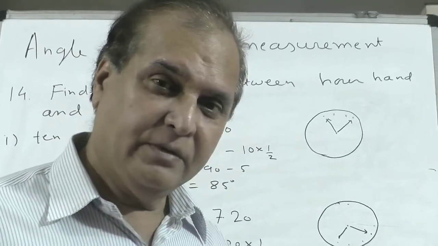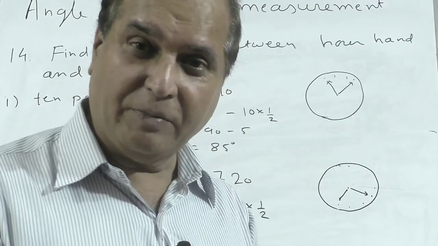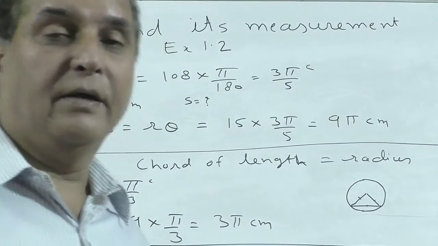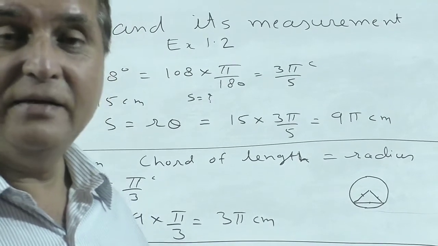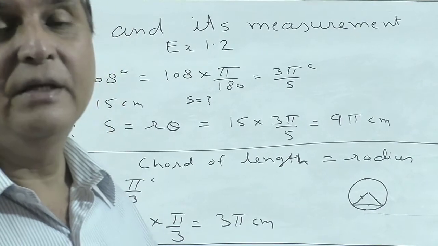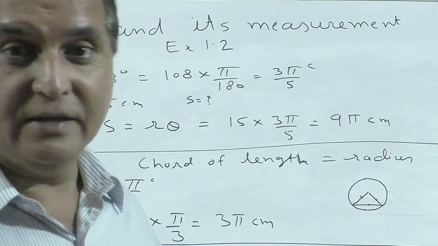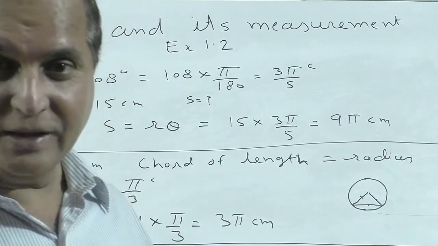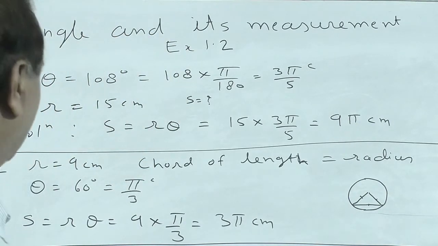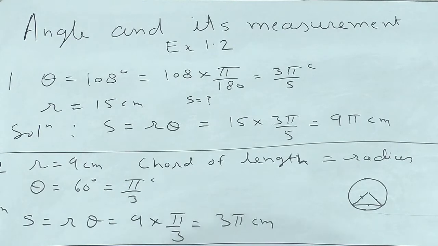Okay. First, see properly the first exercise, 1.1. The formula I have already explained: S, the length of arc, equal to R into theta. Here theta must be in radian. This is the standard formula. See, first sum: find the length of arc of a circle which subtends an angle of 108 degree.